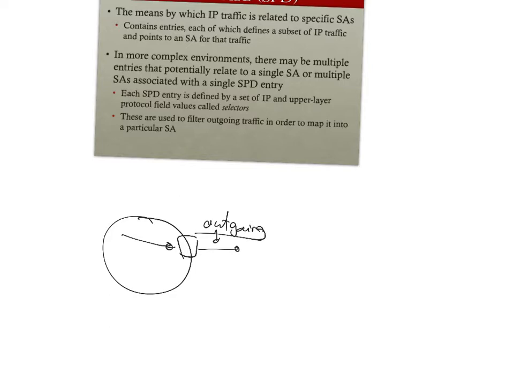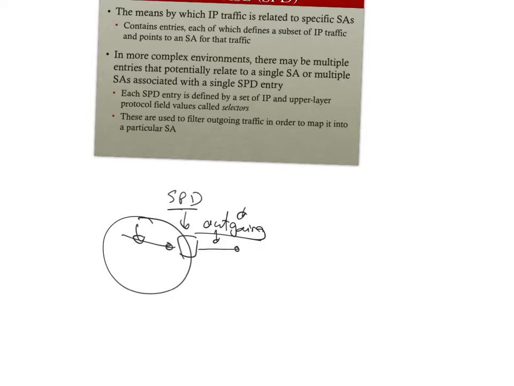So the first thing we need to do is map this incoming traffic to an outgoing secure traffic through the security policy database. The security policy database stores all the rules that are required to map this traffic to a particular outgoing traffic in IPsec.